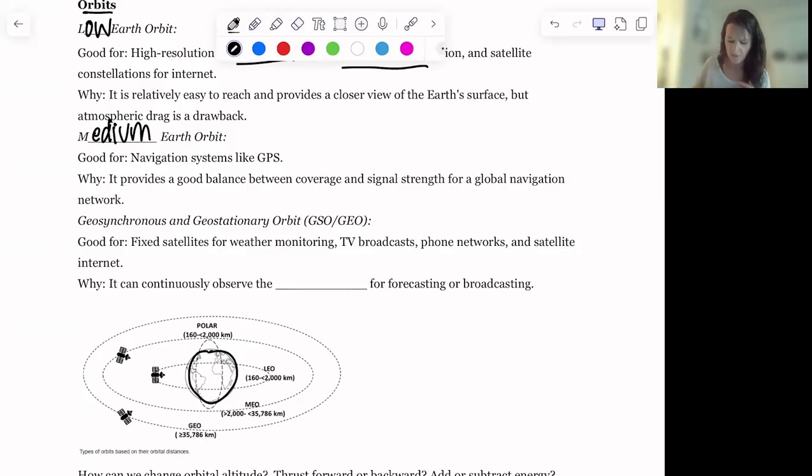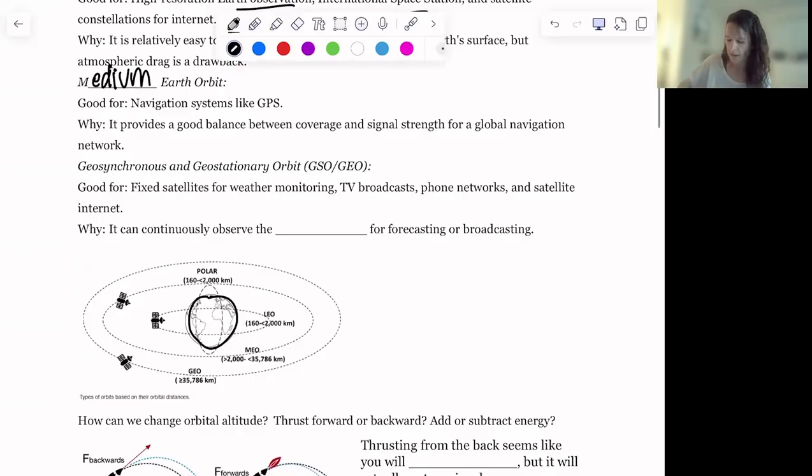So the next one, sometimes you'll hear high Earth orbit, but one specific type of high Earth orbit is the geosynchronous or geostationary orbit, and that's essentially this far out, 35,000 kilometers, and it's a lot more expensive to get there, but it can continually observe the same area.